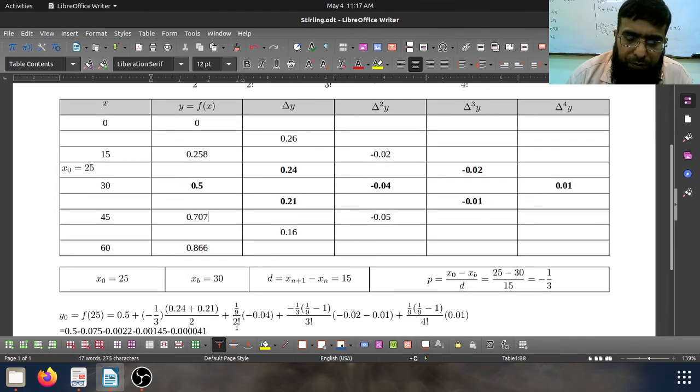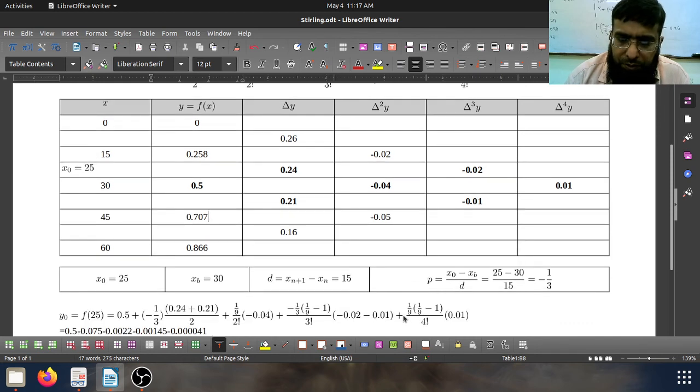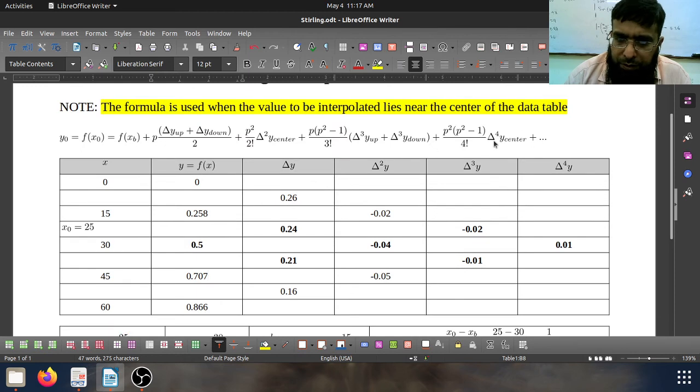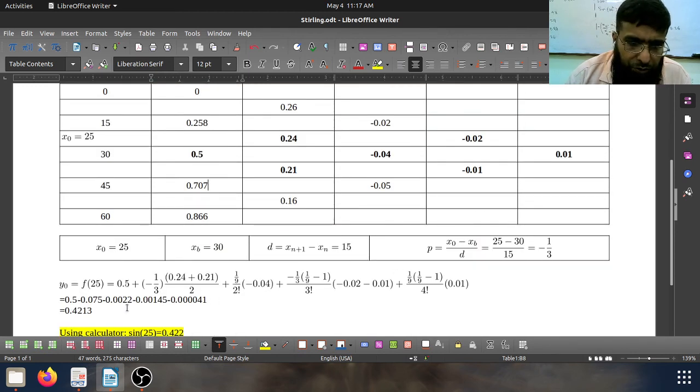P squared is 1 over 9, since minus 1 over 3 squared is 1 over 9, over 2 factorial, times minus 0.04. The next term is plus p into p squared minus 1 over 3 factorial, del cube y up plus del cube y down, which is this minus 0.01. Plugging all these values in, and finally del to the 4 y center, when we solve it, it comes out to be 0.4213.